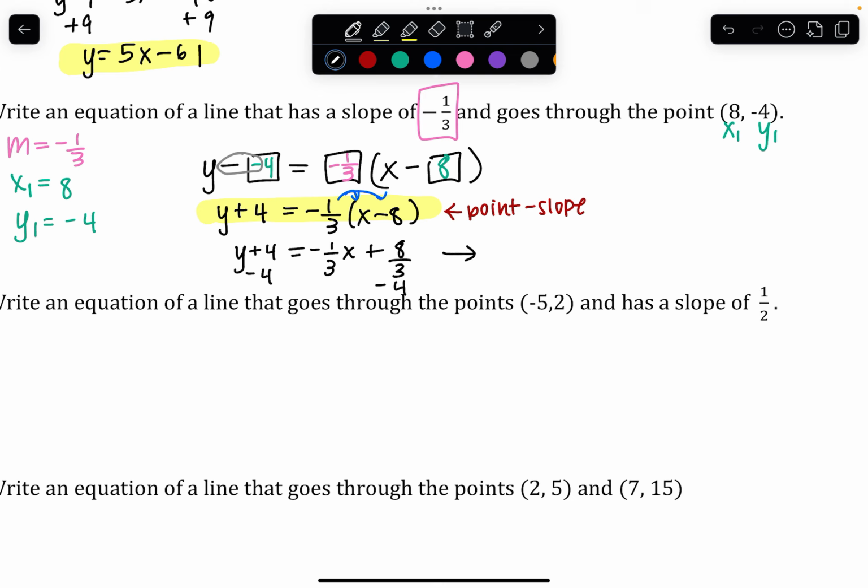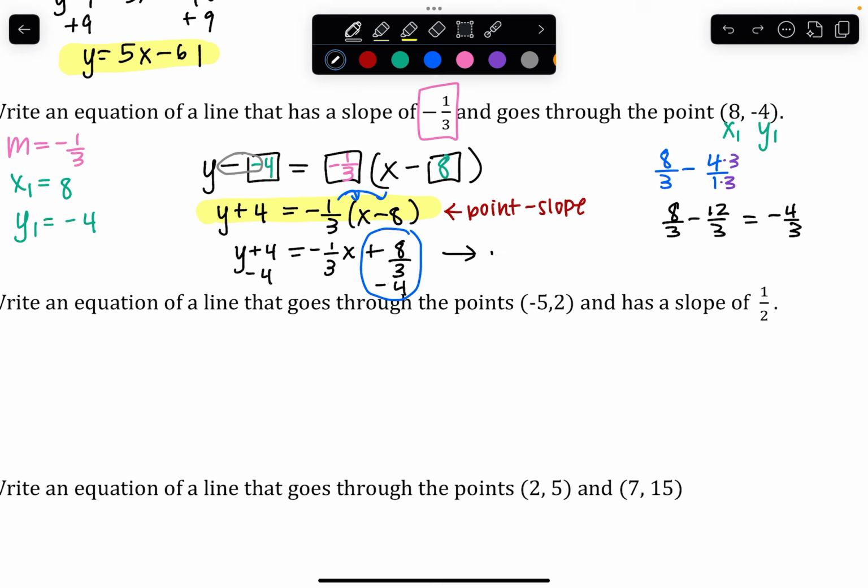And so we need to figure out what this 8/3 minus 4 is. 8/3 minus 4, that's the same thing as 4 over 1. We need to convert this to thirds to get our common denominator. 8/3 minus 12/3 equals negative 4/3.